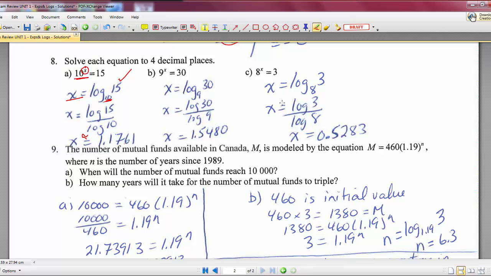Same sort of thing for the other two. Okay, so 8 to the x, rearrange, we're isolating the x, equals log, the base was 8, the base of the log is now 8, and then the 3 is isolated. So again, punching it into the calculator, log of the bigger number divided by log of the base gets us our final answer.